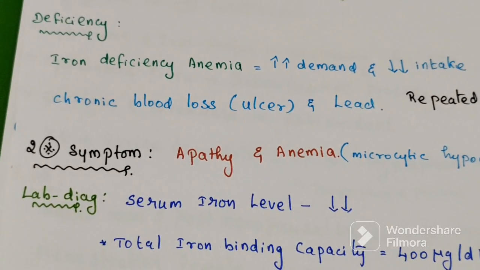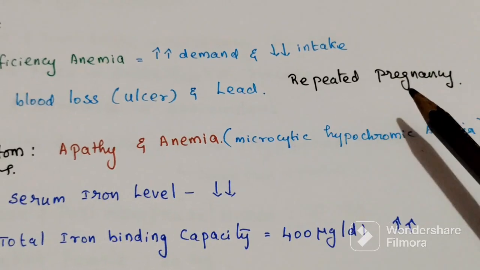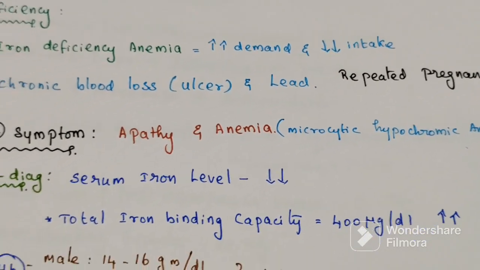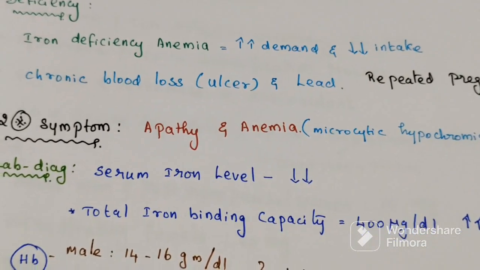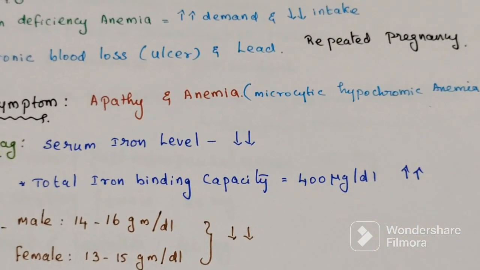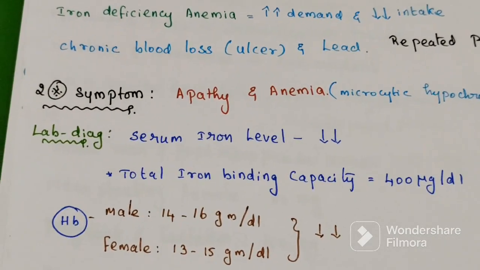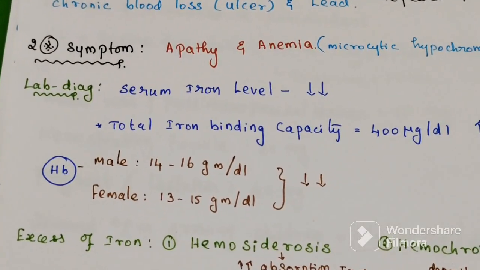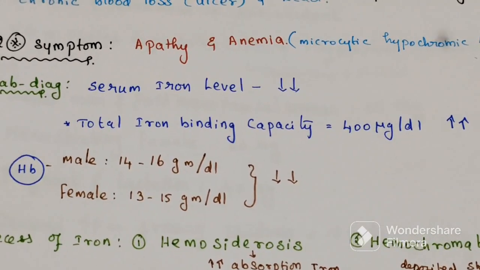An important cause of iron deficiency is repeated pregnancy. Two important symptoms are apathy and anemia. Microcytic hypochromic anemia.